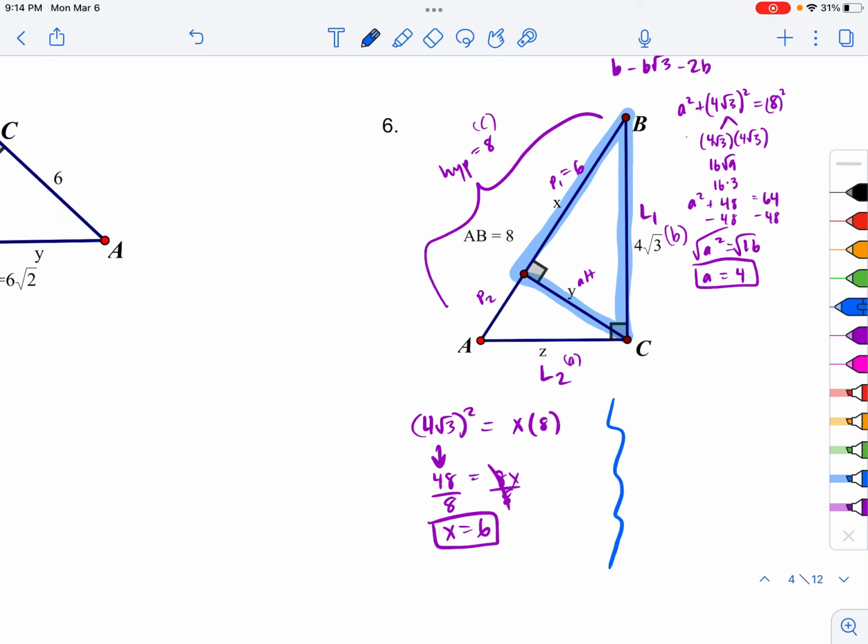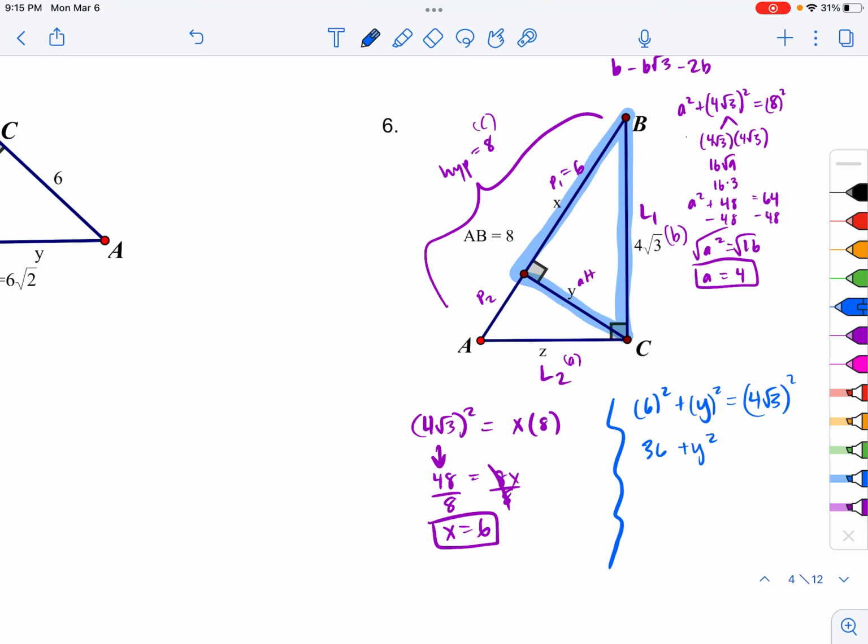And we could say part 1, or the x, is a. So we could say 6 squared plus b squared, or y squared in this case, because that's our altitude. Y squared is equal to 4 root 3 quantity squared. So 6 squared, once again, is 36.